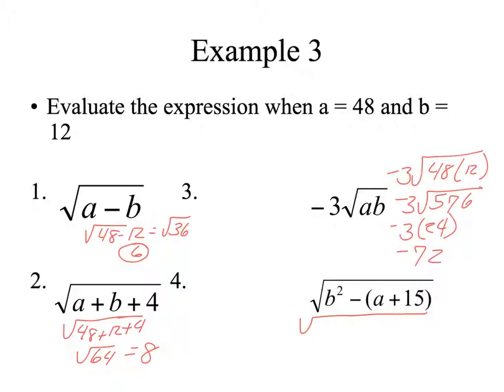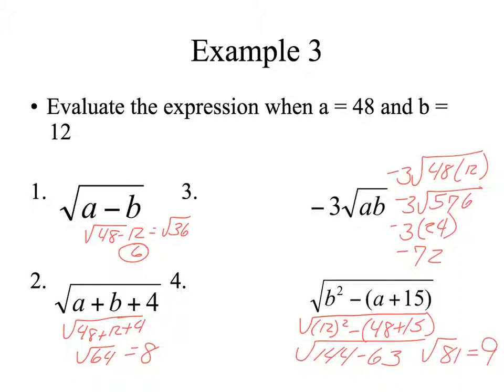Square root of 12 squared minus 48 plus 15. That's the square root of 144 minus 63, which is the square root of 81, which will give you 9.